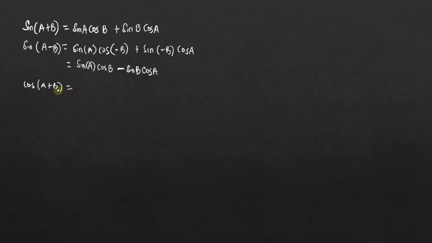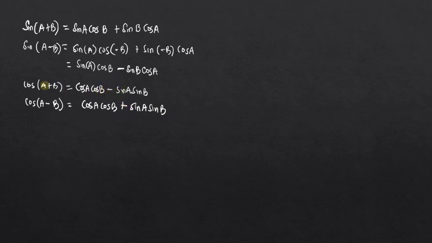So if you have cos of A plus B, it will be equal to cos of A, cos of B. Then the sign here is negative, sine of A, sine of B. And if you have cos of A minus B, this will give us cos of A, cos of B, then plus sine of A, sine of B. So you realize that the sign changes when it comes to this side, right?